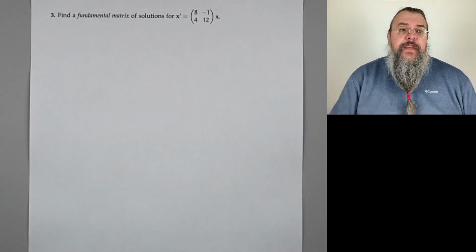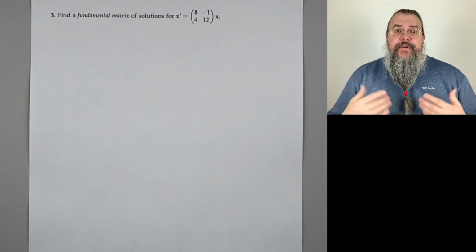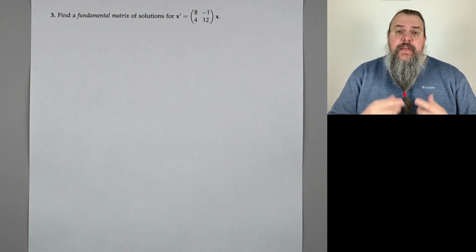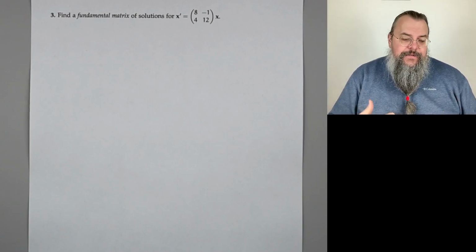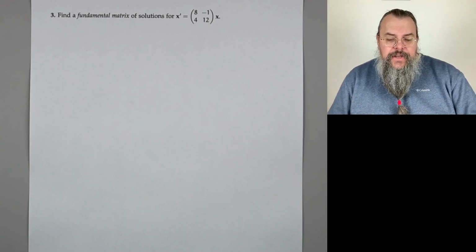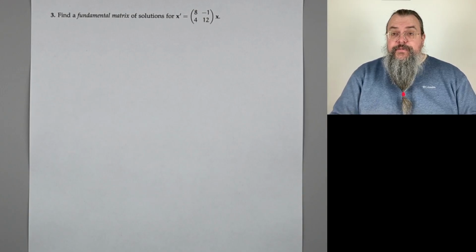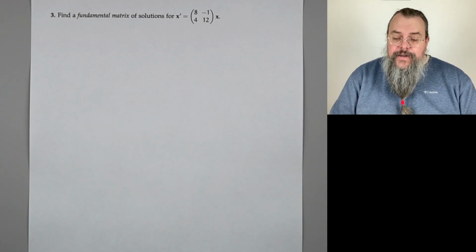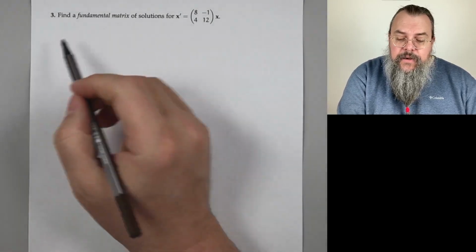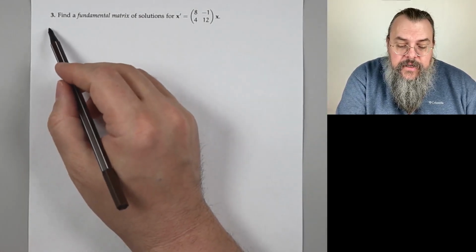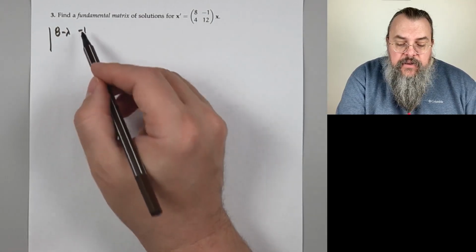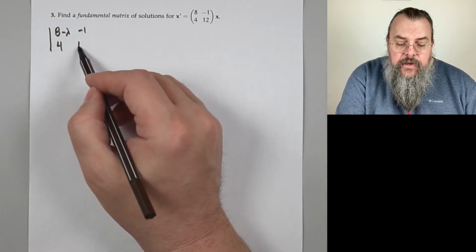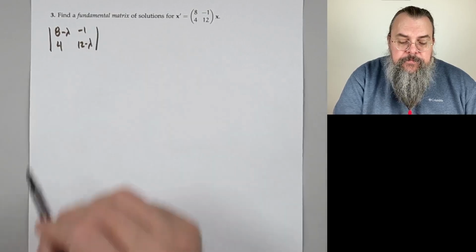Number 3, find a fundamental matrix of solutions for x prime equals 8, minus 1, 4, 12, x. All right, fundamental matrix. Well, the first thing we should do is figure out the eigenvalues. And let's see what they are. Okay, so we're going to do 8 minus lambda, minus 1, 4, 12 minus lambda.